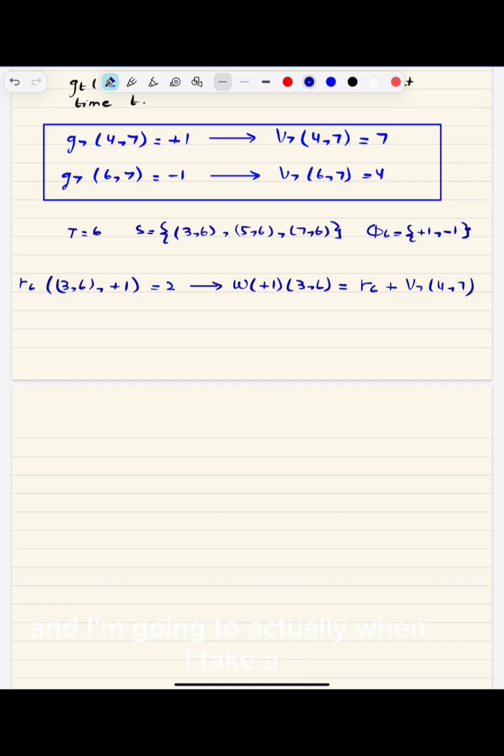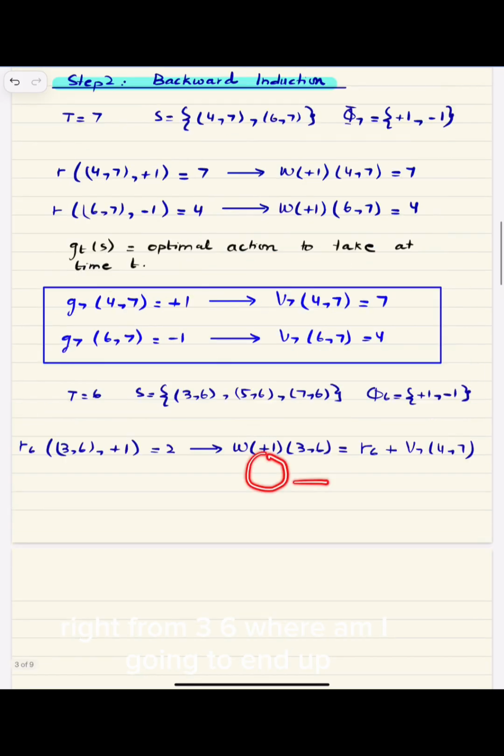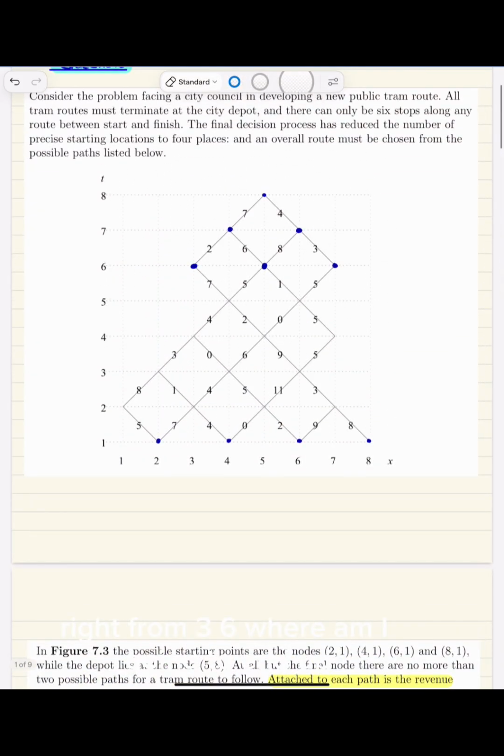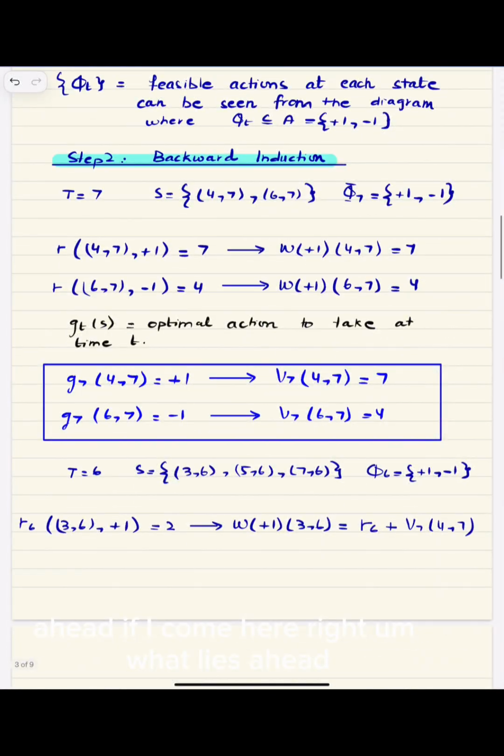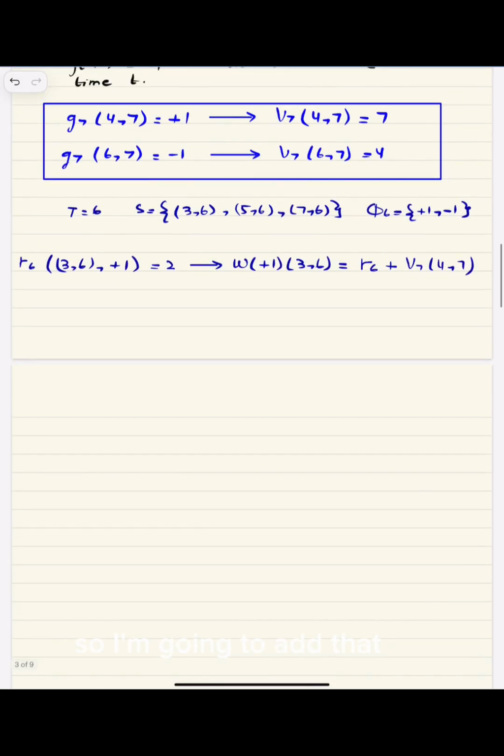When I take a right from 3 6, where am I going to end up? I'm going to end up at 4 7, and I already know what lies ahead if I come here. What lies ahead at this state is the reward of 7, so I'm going to add that.